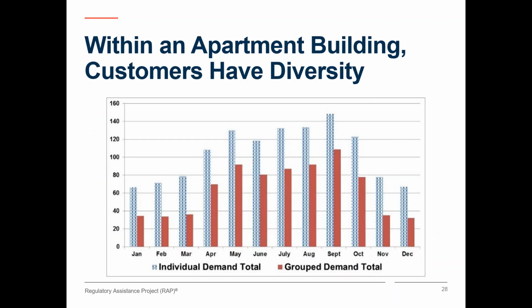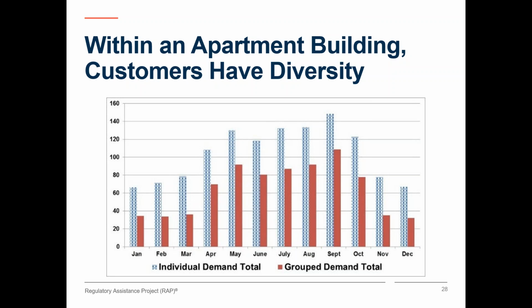Finally, there's diversity on the customer side of the transformer in urban and suburban areas, or any place that you have customers sharing transformers. This graphic shows for one apartment building the combined highest demand for each customer each month. That is the blue line.